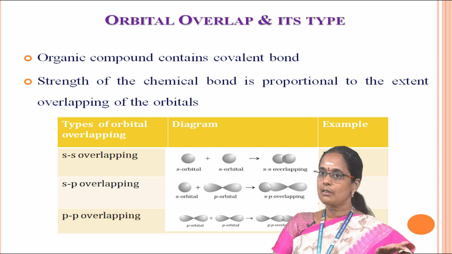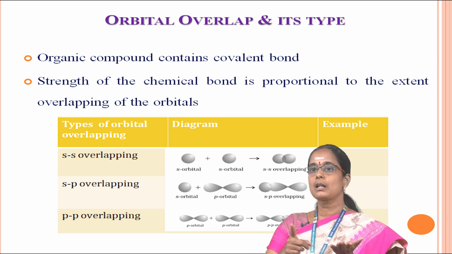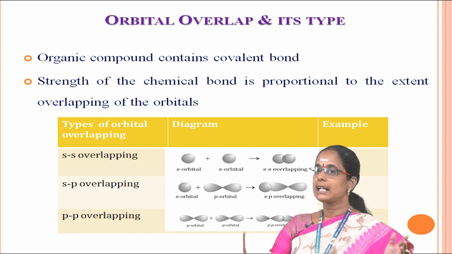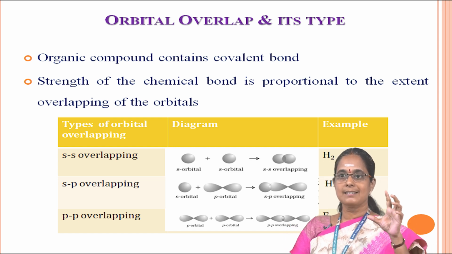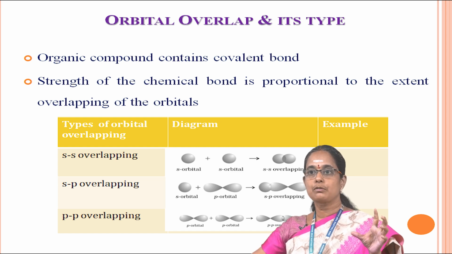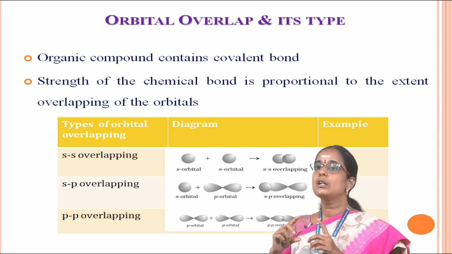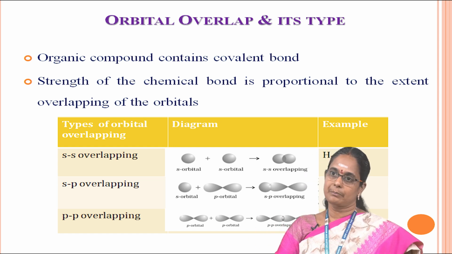The s orbital of one atom overlaps with a p orbital of another atom to form a covalent bond. It is called sp overlapping. In hydrogen fluoride, the s orbital of hydrogen overlaps with the p orbital of the fluorine atom to form a sigma bond, that is sp overlapping.